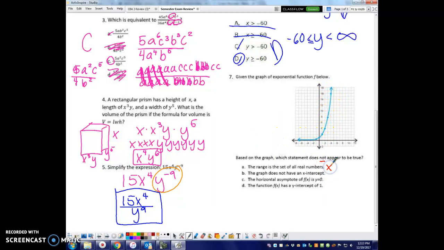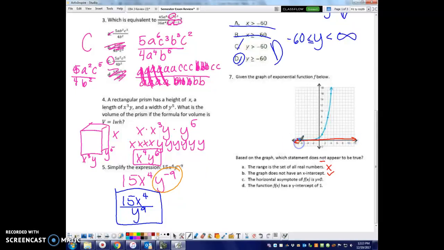So that's not true. The graph does not have an x-intercept. Is this graph ever going to touch that x-axis? No, it's not. It'll get infinitely close, but never actually touch it. So it's true. It does not have an x-intercept. The horizontal asymptote is y equals 0. So that would be right here.